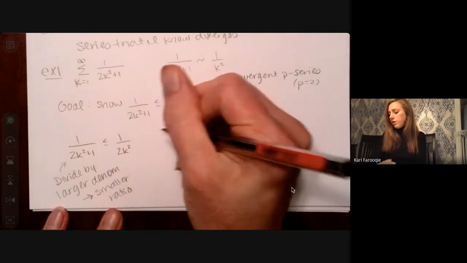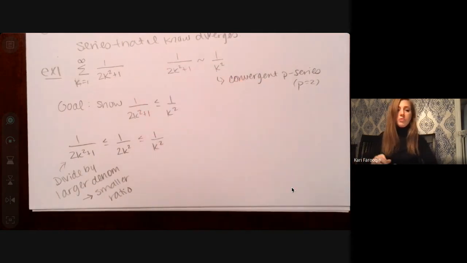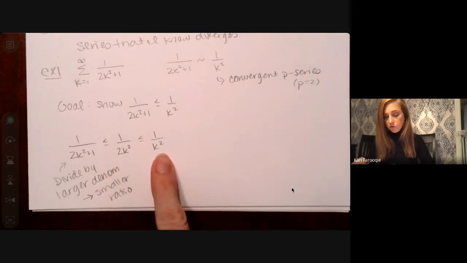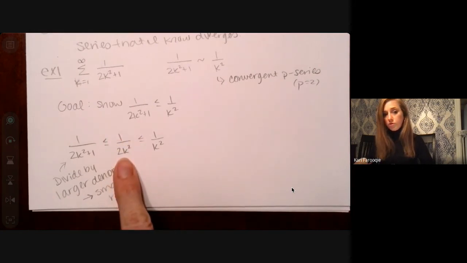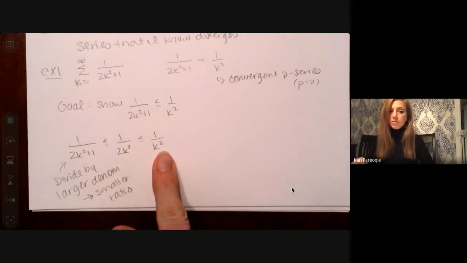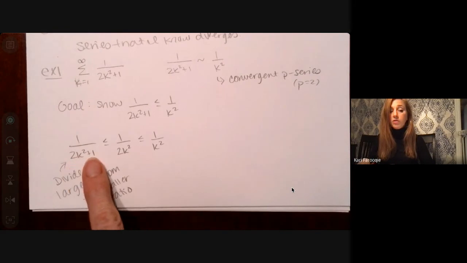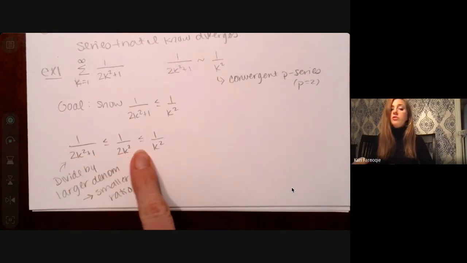Oh, actually, no, I can make this leap. Never mind. I can use the same reasoning again. I can say, well, okay, if this is 1 over 2k squared, well, 2k squared is greater than k squared. Therefore, the ratio 1 over 2k squared is less than 1 over k squared. Same reasoning here again. So now I've shown not only is my series less than or equal to 1 over 2k squared, but it's also less than or equal to 1 over k squared.